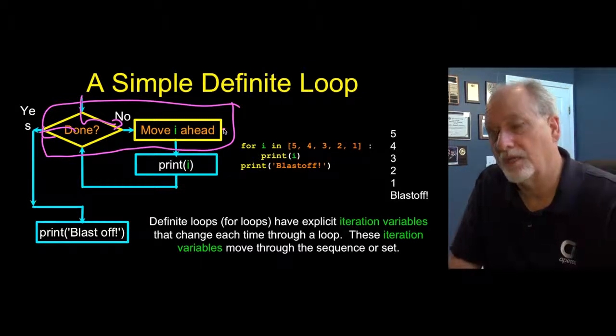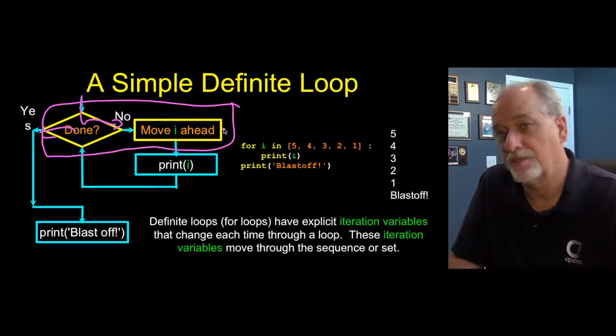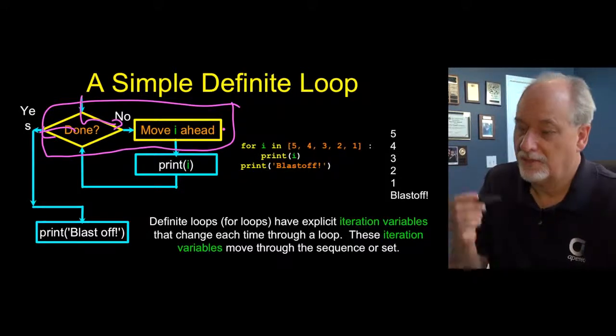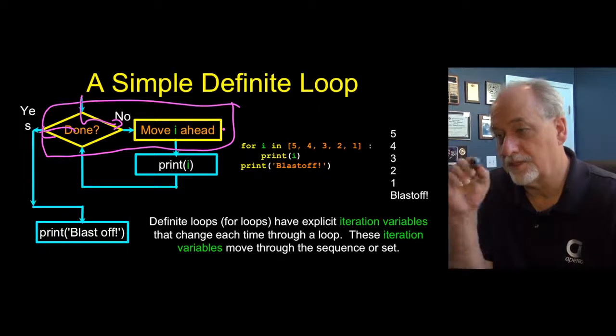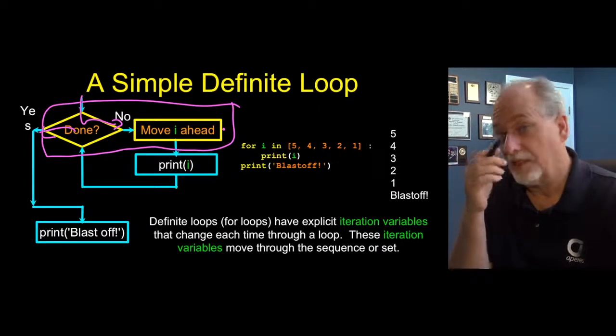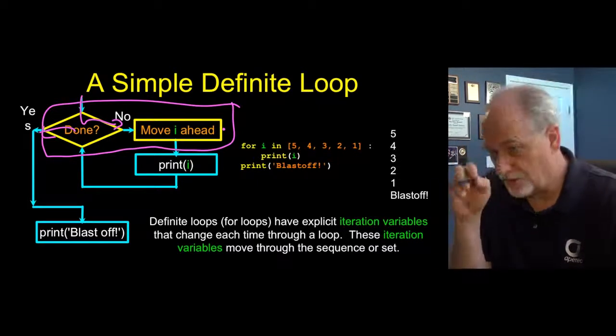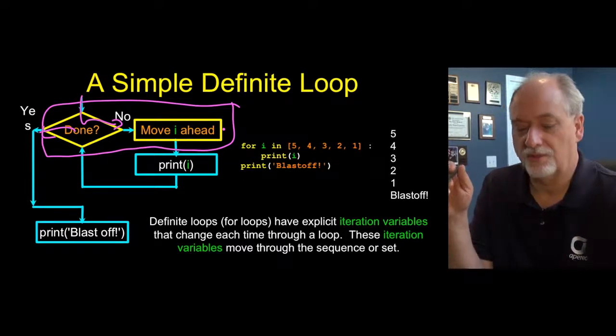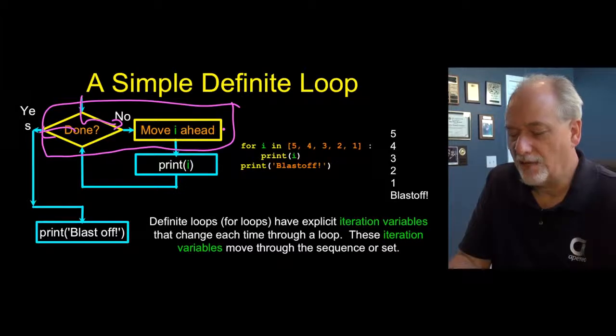It's managing the iteration variable, and it's initializing it too. If you go back to the while loop, we had n equals 0, while n greater than 0, n equals n minus 1. So we had 3 lines to control the loop and manage the iteration variable. But with a for loop, we don't have to do that. That's all taken care of.